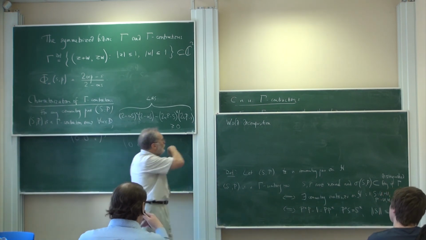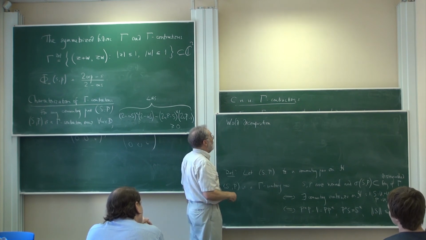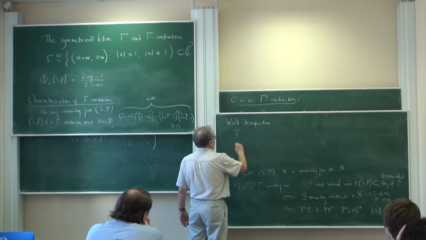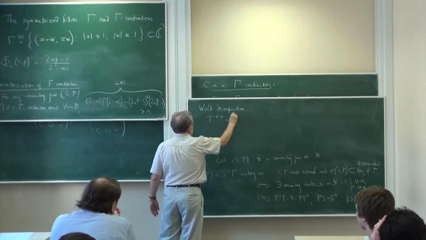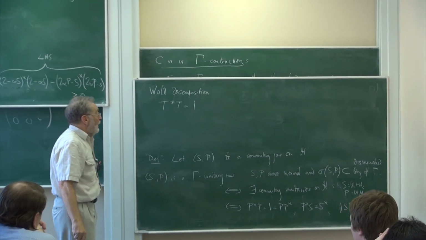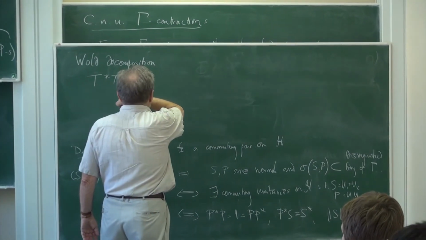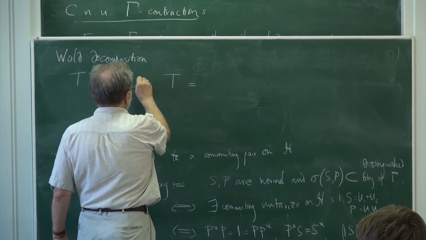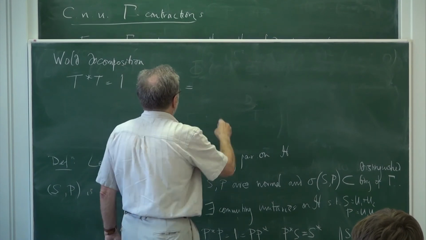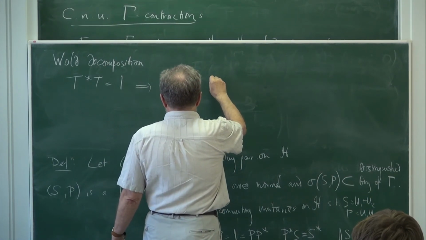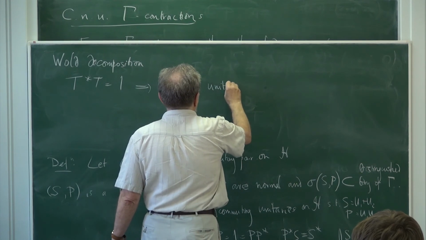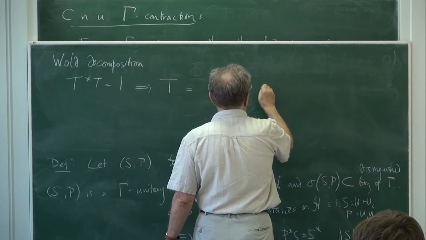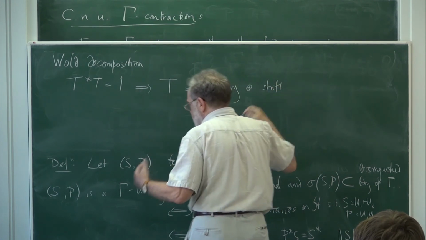So let's talk about the Wold decomposition. If T is an isometry, so T star T is equal to the identity, then there's a rather simple theorem that says that T is the orthogonal direct sum of a unitary and a shift, a shift of some multiplicity.